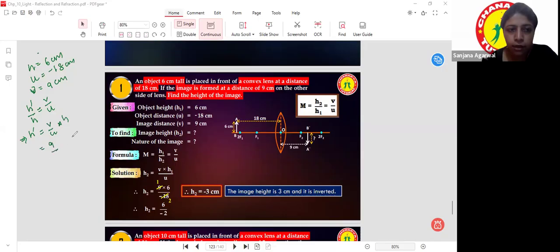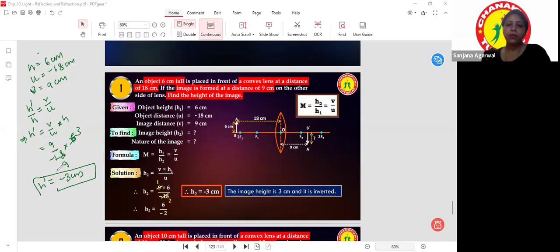This is 9 by minus 18 into 6. Children, you can solve. So we'll be getting minus 3 centimeter as the height of the image. It's very simple. You just need to practice. Okay, moving ahead.